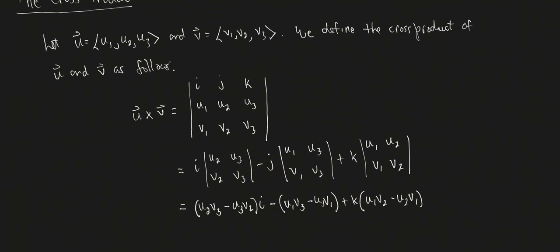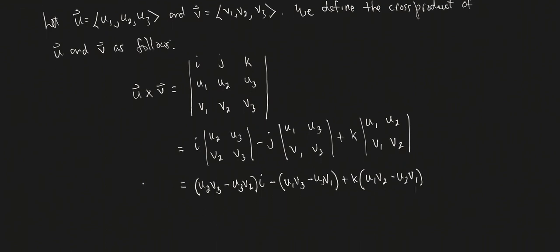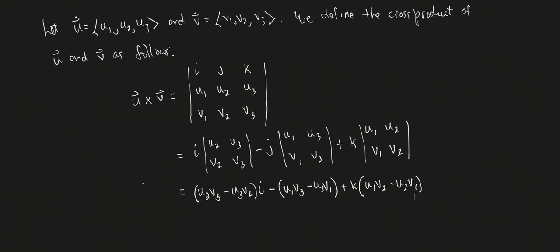But ultimately you choose what works best for your mind, right? So this is the cross product, right? Now, in order to illustrate probably one of the most important properties of the cross product, I want us to do something a little strange, right?